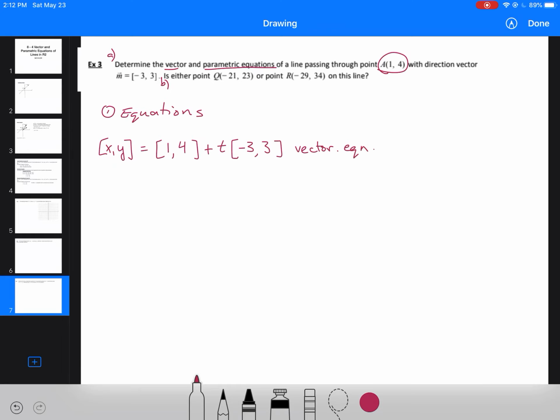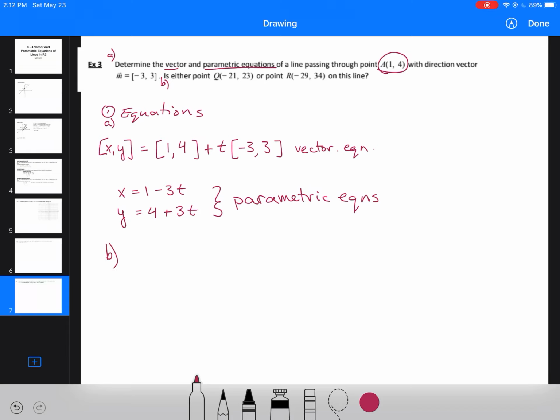Now, let's expand it and write an equation for each component for our parametric equations. So here, these are our parametric equations. You do need to have both, one for each component.